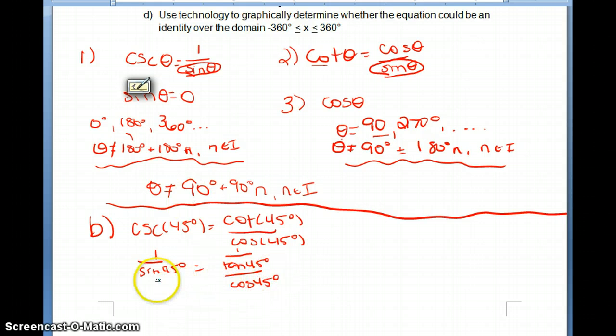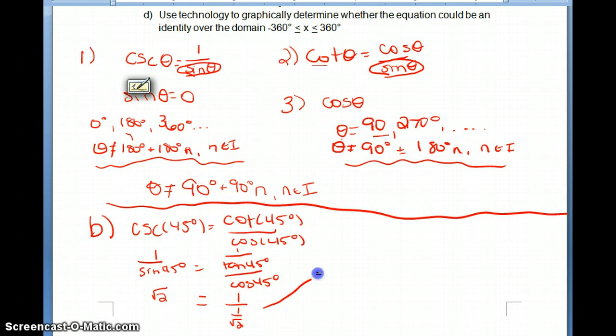Okay, using your chart, this should look a whole lot nicer here. So what we'll find is that is 1 over 1 over root 2, or basically when you solve that out, it should be just root 2. That is equal to tan at 45 degrees, which is just 1, so we'll have 1 divided by cosine, which is 1 over root 2.